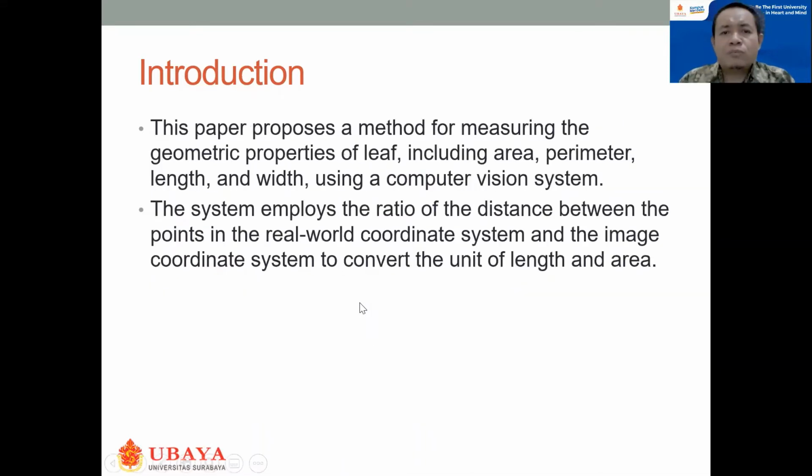This paper proposes a method for measuring the geometric properties of leaf, including area, perimeter, length, and width using computer vision system.